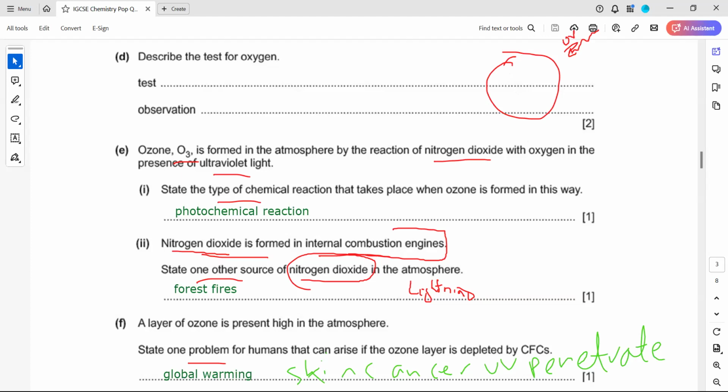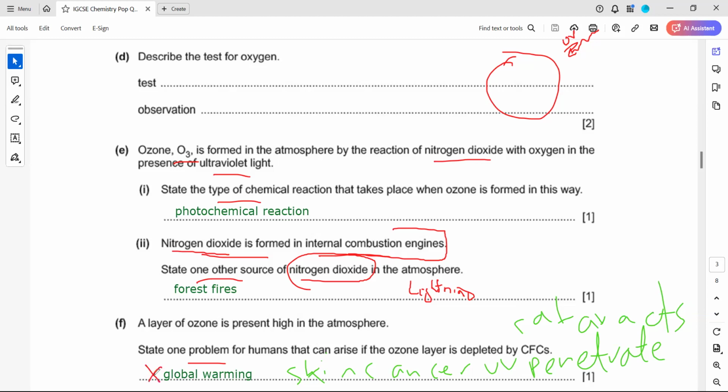As a result, it may increase the risk of skin cancer. That's right. It can also harm the eyes, or cause a greater amount of sunburn.